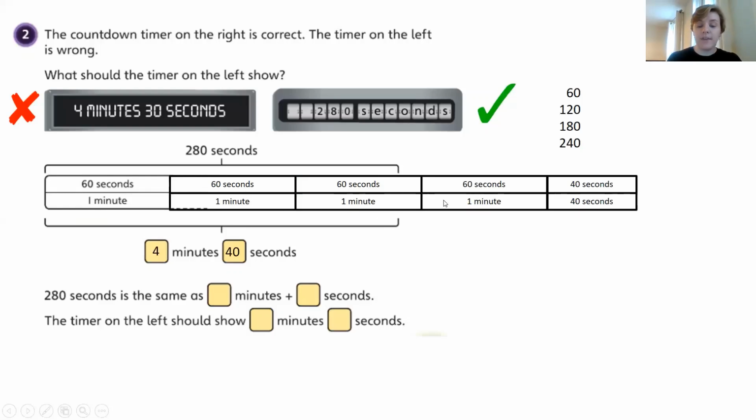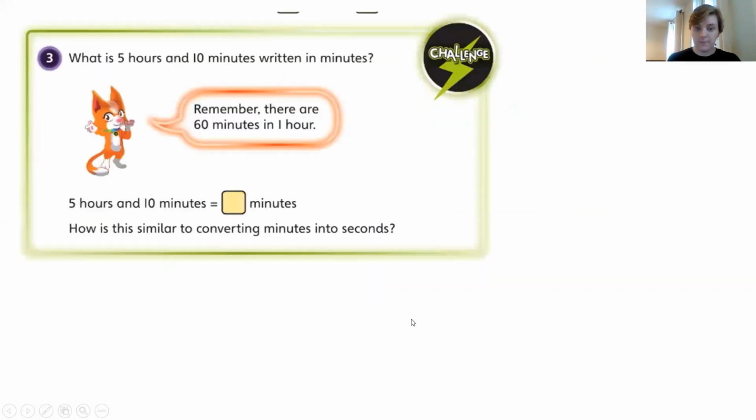And I know that these all make minutes and 40 seconds stays the same. So what we have is 1, 2, 3, 4 minutes and 40 seconds. So 280 seconds is the same as 4 minutes and 40 seconds. So the timer on the left here should show 4 minutes and 40 seconds.